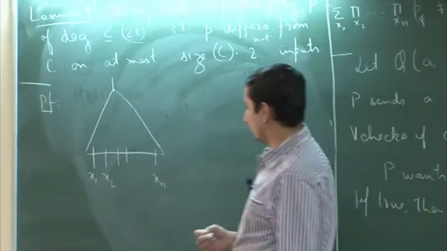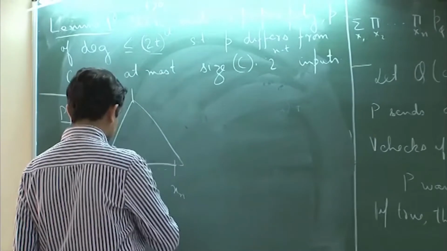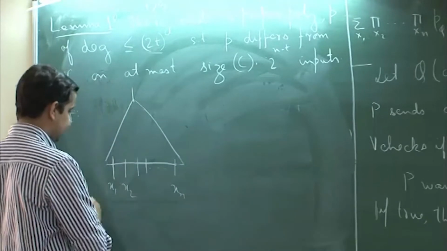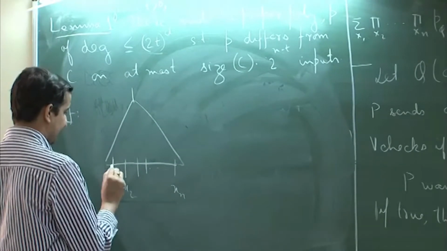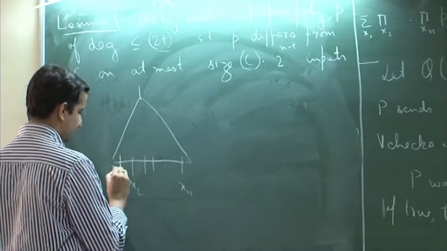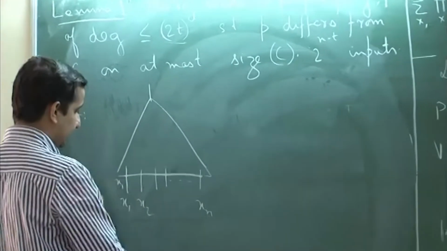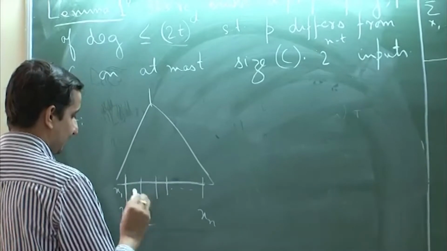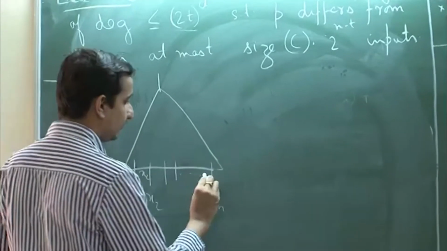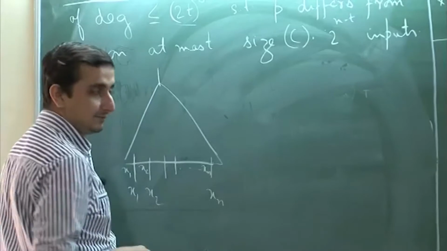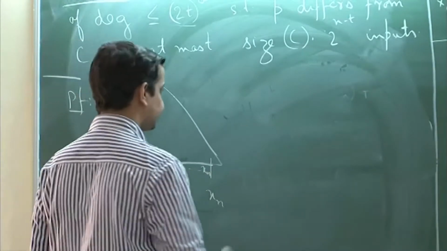Okay. So, the polynomial that we will associate with the input edges is basically the polynomial xi. So, for x1 we associate the monomial x1, for x2 we will give the monomial x2, and for xn we will give the monomial xn.